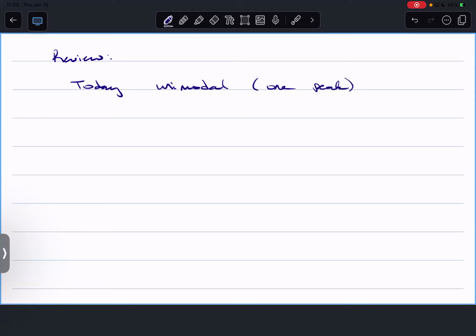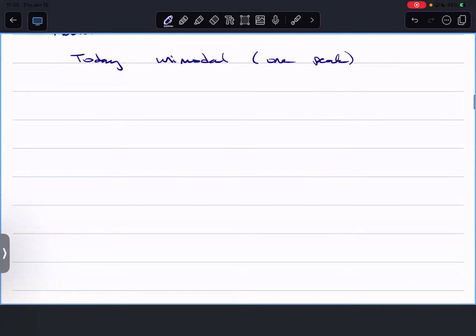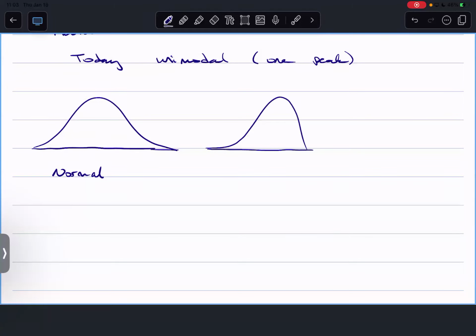But of those unimodal distributions, we had kind of three typical options, right? And so we could have a distribution that looks like this, unimodal and symmetric. In fact, it's a specific shape called the normal. Versus, what's the other one that we could have?